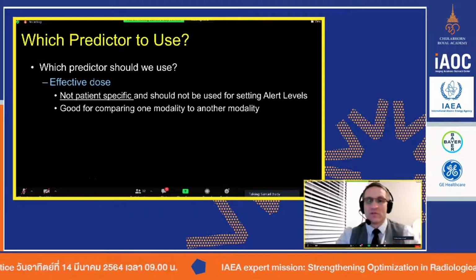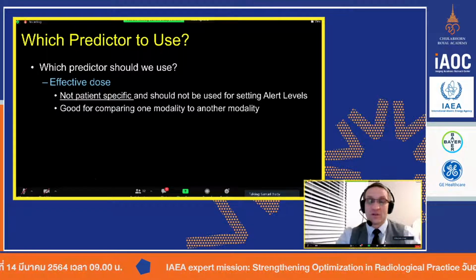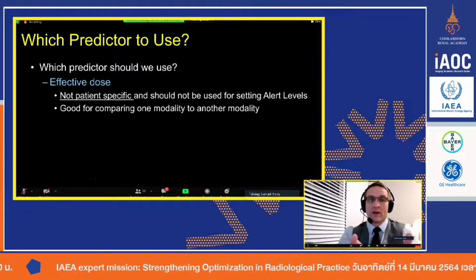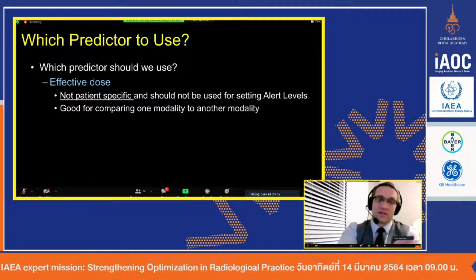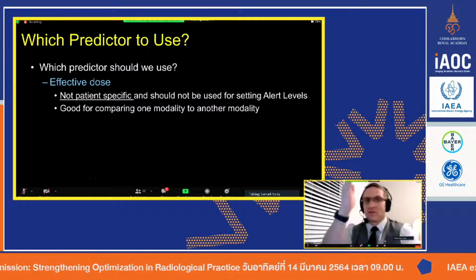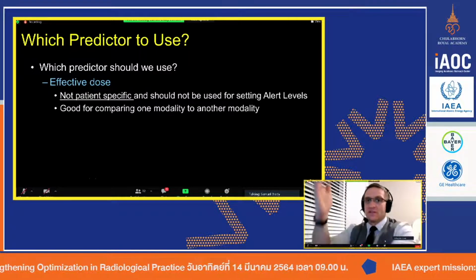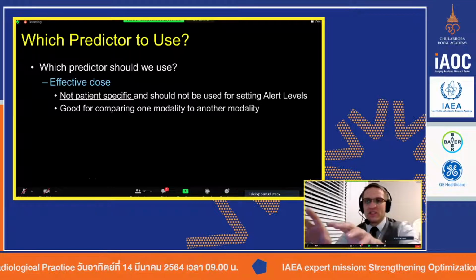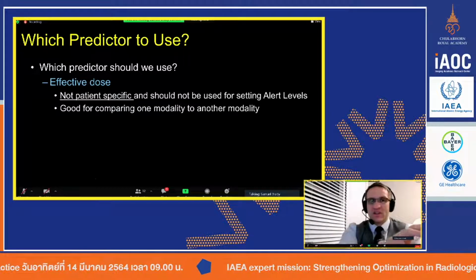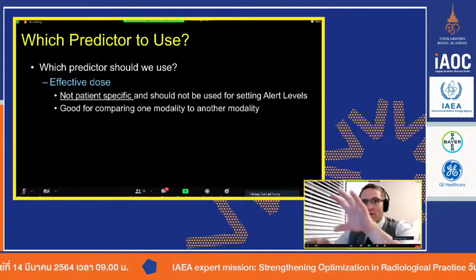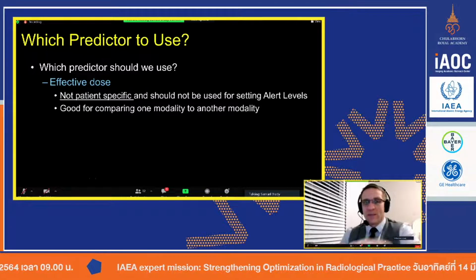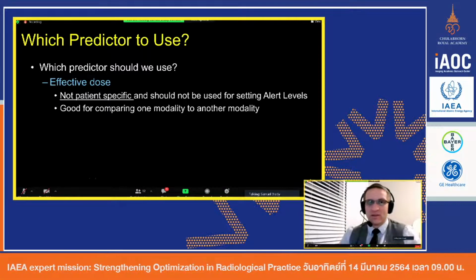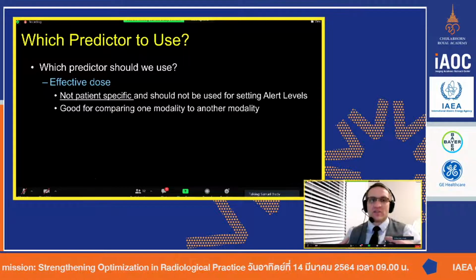All right, effective dose, we already know this, we've talked about it, but it's not patient specific and it should not be used for alert levels. It is, though, really good if your total optimization program is looking at optimizing fluoroscopy, radiography, CT, nuclear medicine. But if you calculate the patient population exposures in each of these modalities, each of those modalities have their own dose metrics: air kerma, CAP, volume CTDI, DLP, millicuries per kilogram.